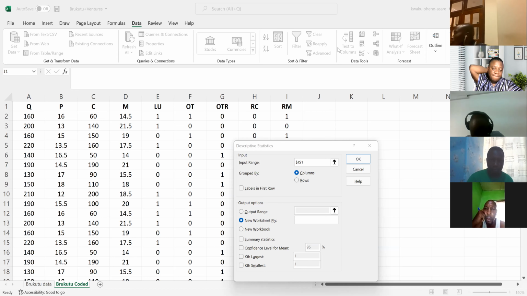So I saw analyze data at the top right, and when I clicked on it, a window dropped, and then I saw ask a question about your data. So I don't know whether I'm still on track or I'm actually lost. Okay. So you have to ask your MacBook how to get descriptive statistics. Oh, okay. Thank you.